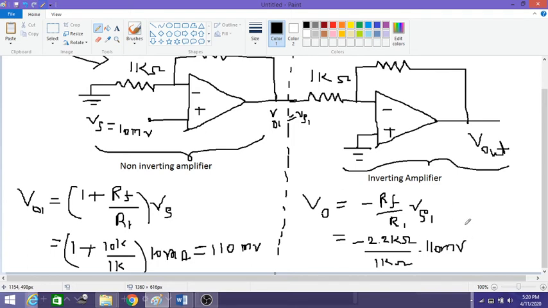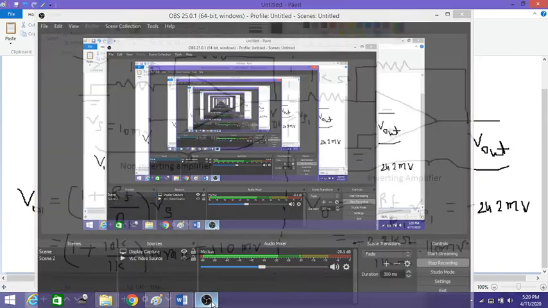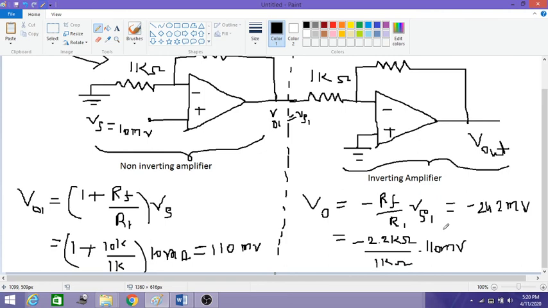So when you finally calculate this, you will get minus 242 millivolts. Hope the calculation is correct, intermediate calculations and everything. Yeah, this is one method of analysis. Final output voltage across this point we are getting is minus 242 millivolts.